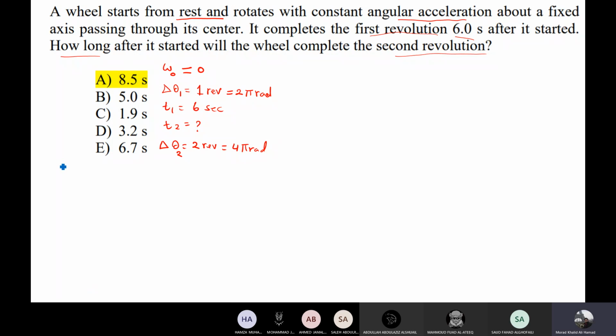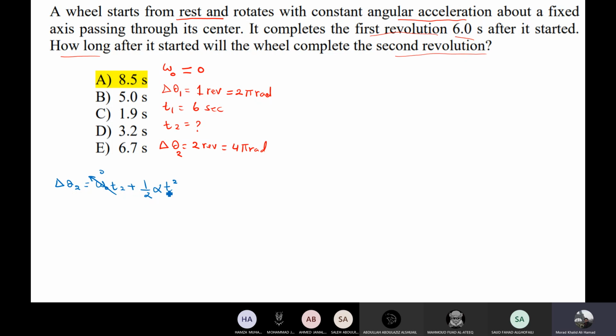Okay, so since we are looking for T2, we can directly do the following. We can say delta theta 2 is equal to omega 0 T2 plus half alpha T squared. Right, guys? Yes. Okay, now omega 0 is equal to 0, so we can ignore this term.